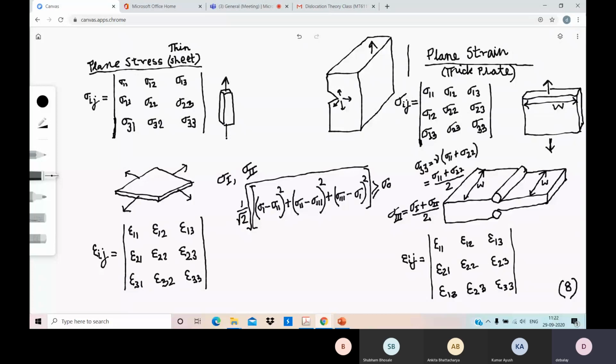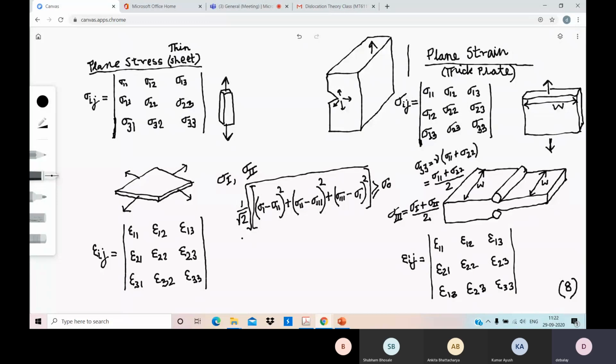As you have an understanding of the von Mises criteria now, you can understand that for yielding to occur in a simple uniaxial case, principal stress sigma 1 has to exceed sigma naught.